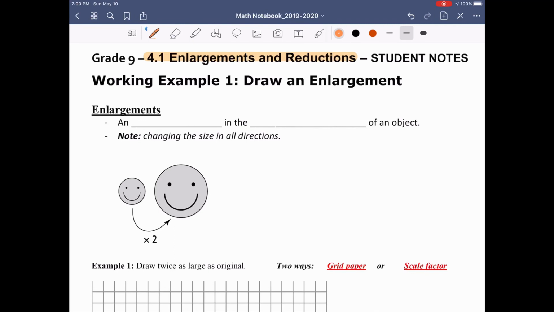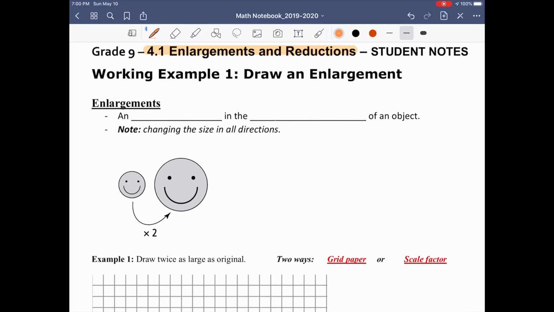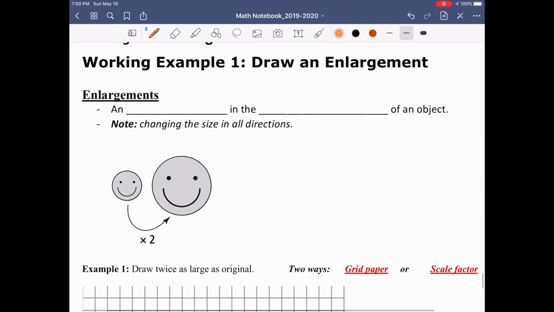So the first thing we're going to do is define what an enlargement is, because working example 1 wants us to draw an enlargement. An enlargement is any increase in the size of an object. But you have to keep in mind that you're changing the size in all directions.